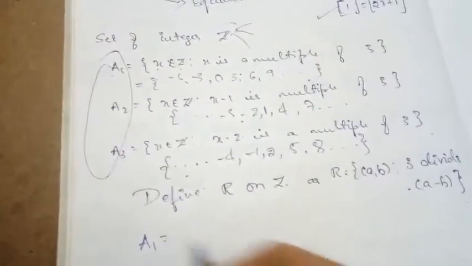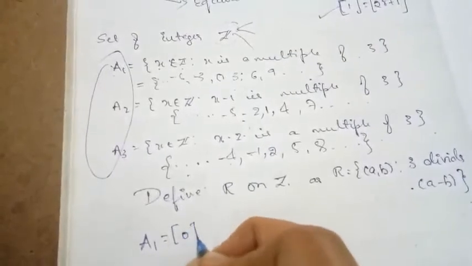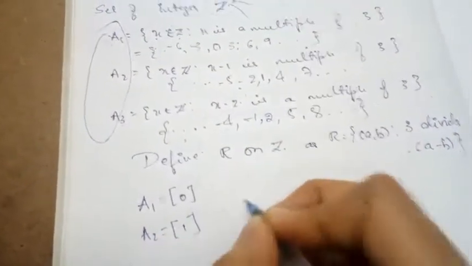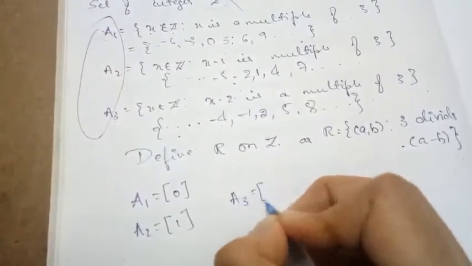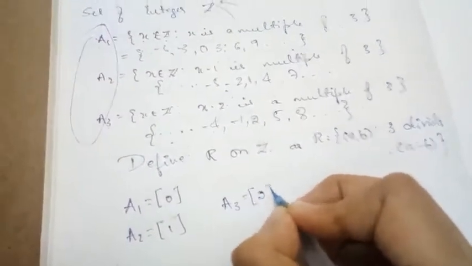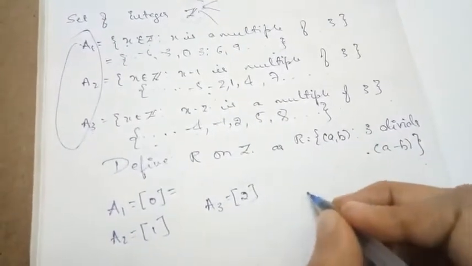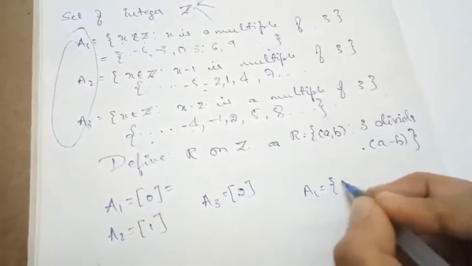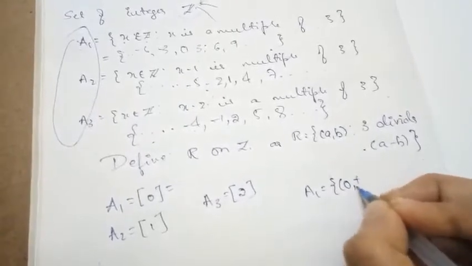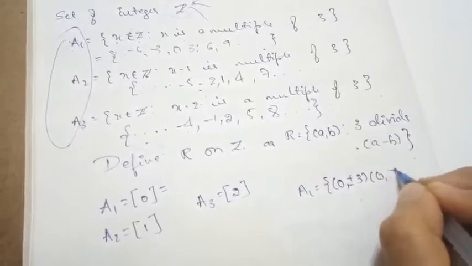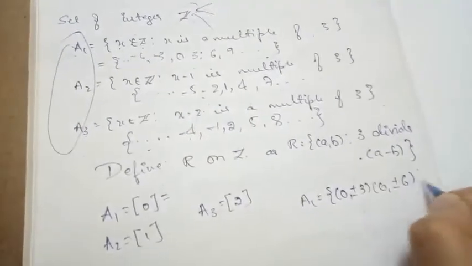So you can say that now A1 is the class containing 0, A2 is the class containing 1, and A3 is the class containing 2. So the elements of A1 will be in the form of 0, plus or minus 3, 0, plus or minus 6, and so on.